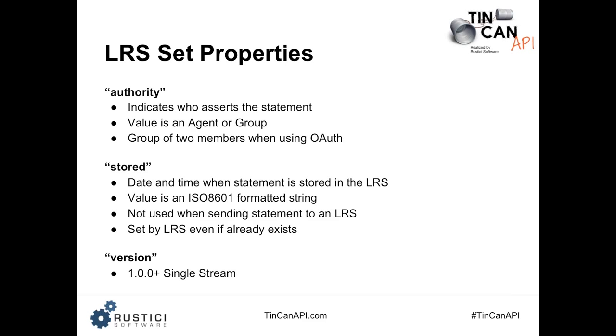The value is an agent or group. One use case for using a group here is a group that has two members, used when using OAuth. So if I have an activity provider that is connecting to a Learning Record Store using OAuth, then the authority will be set as a group with the two members that are making the OAuth connection.